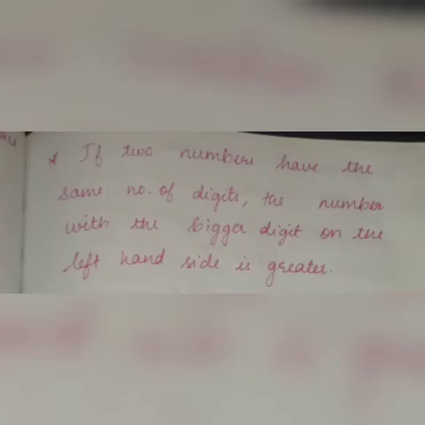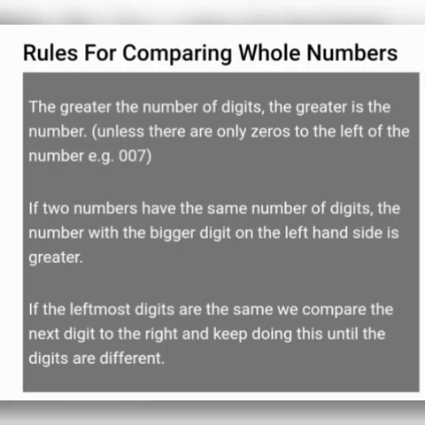Understood? The next rule is, if two numbers have the same number of digits, the number with the bigger digit on the left hand side is greater. What have we done in comparing two numbers? First you will compare the tens place, and whichever number is greater will be your greatest number, right? That is the same property here.